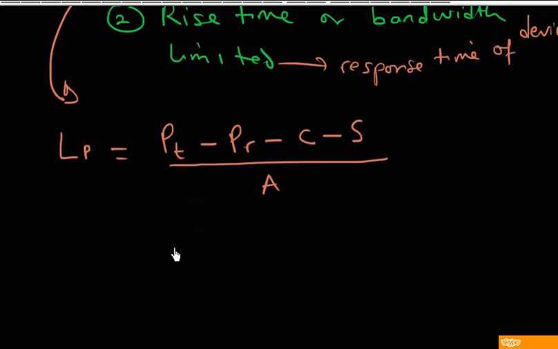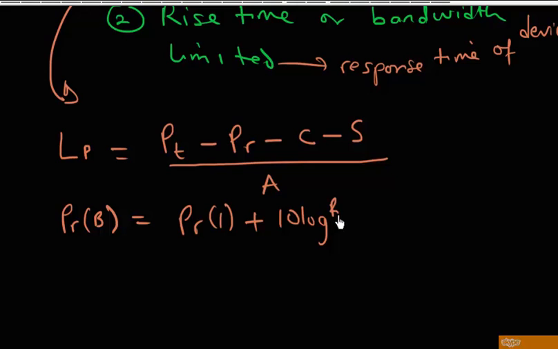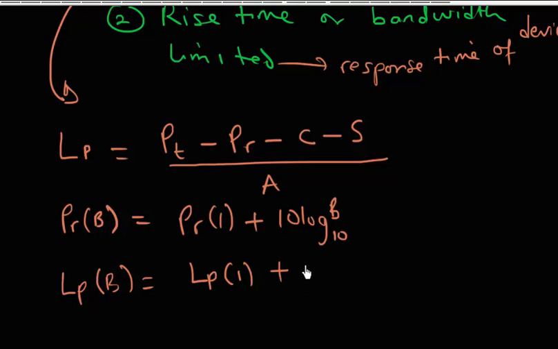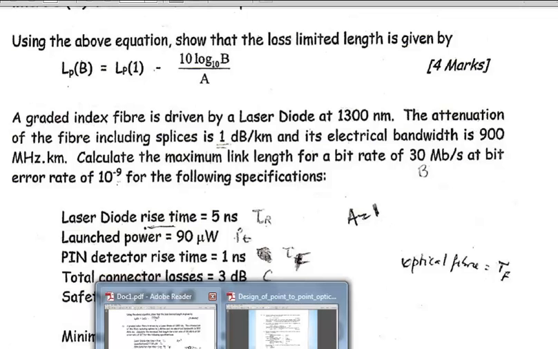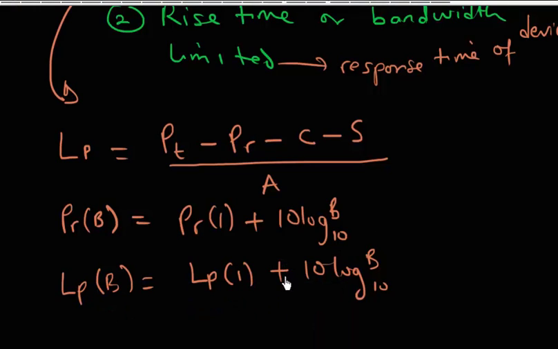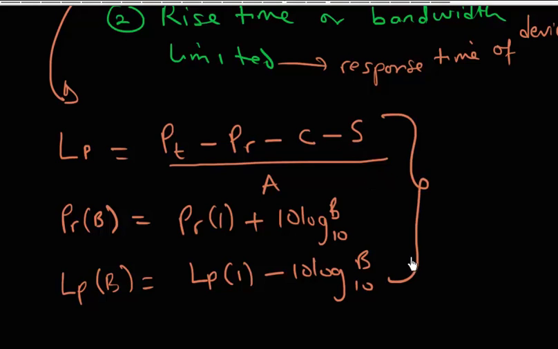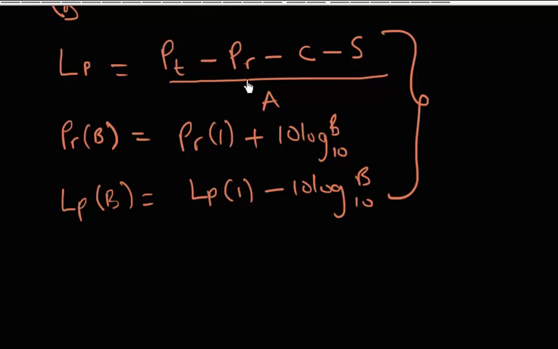And then we have that P received at a bandwidth B is P received at 1 plus 10 log B, and then LP of B is LP of 1, minus 10 log B. So these are the formulas we need to calculate.